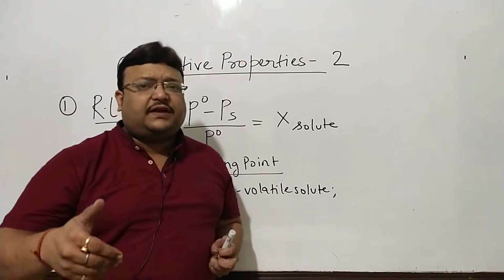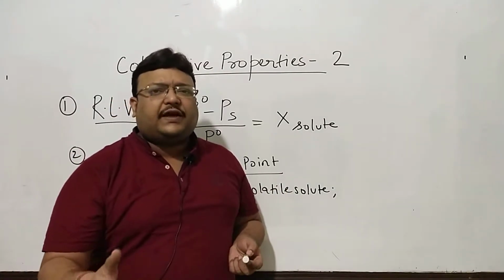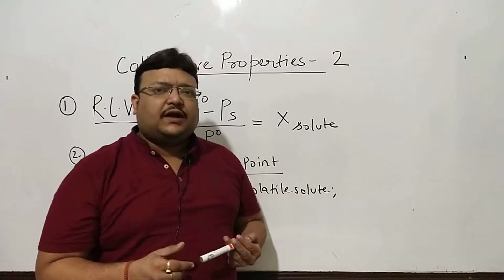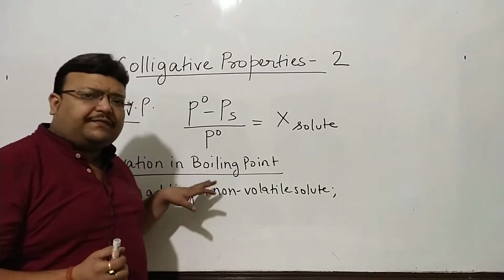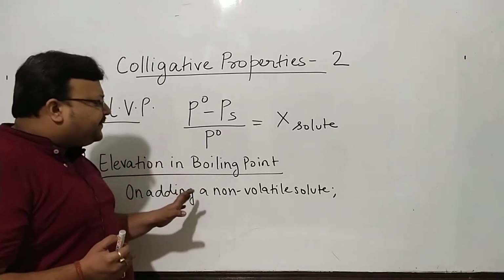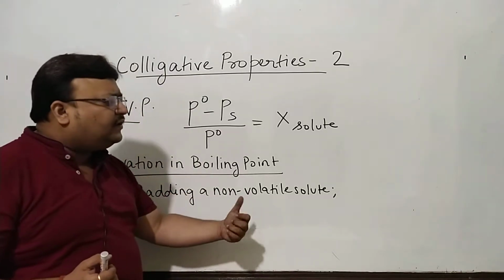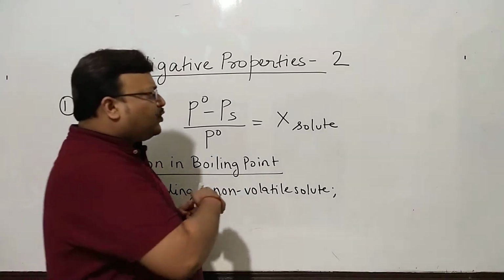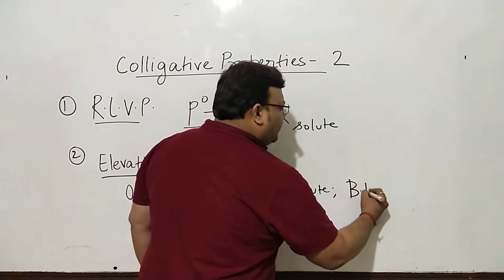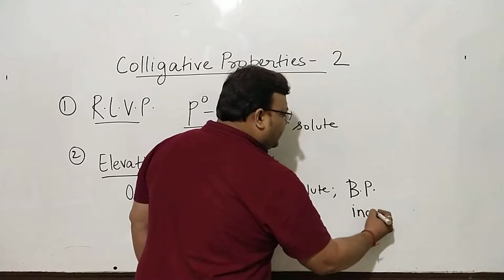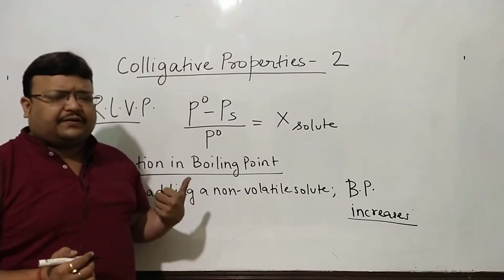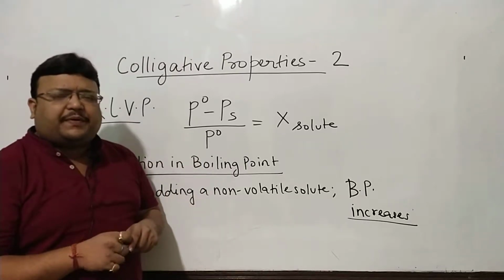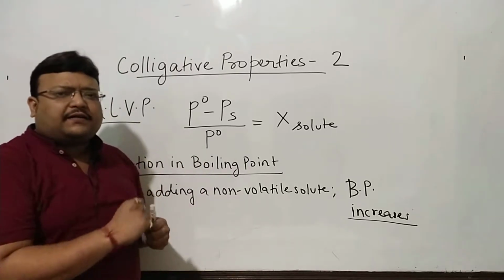We do know seawater or water having dissolved impurity has higher boiling point than 100 degrees Celsius at 1 atmosphere. So this is something we have known in the past. There is an elevation in boiling point on adding a non-volatile solute. Boiling point increases, and we'll see how this is related to a decrease in vapor pressure.